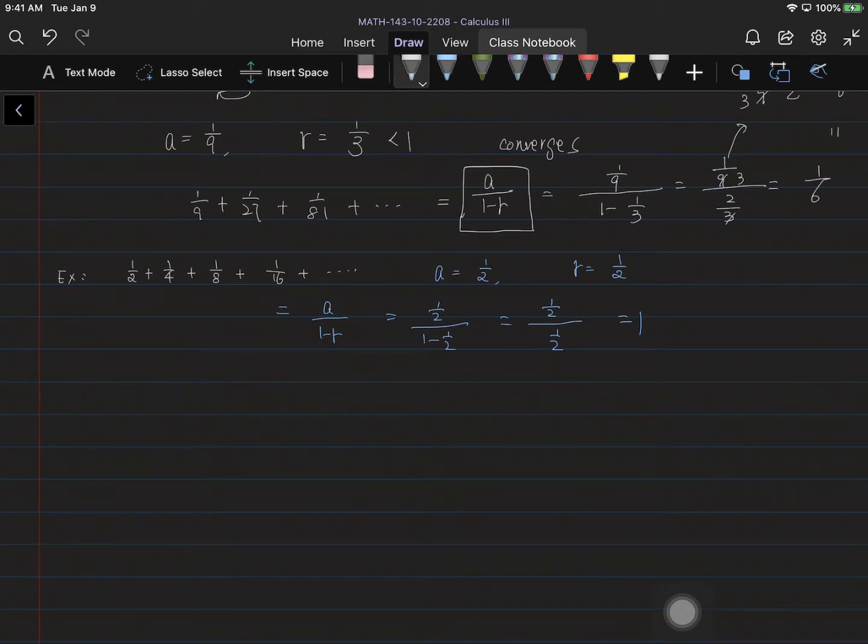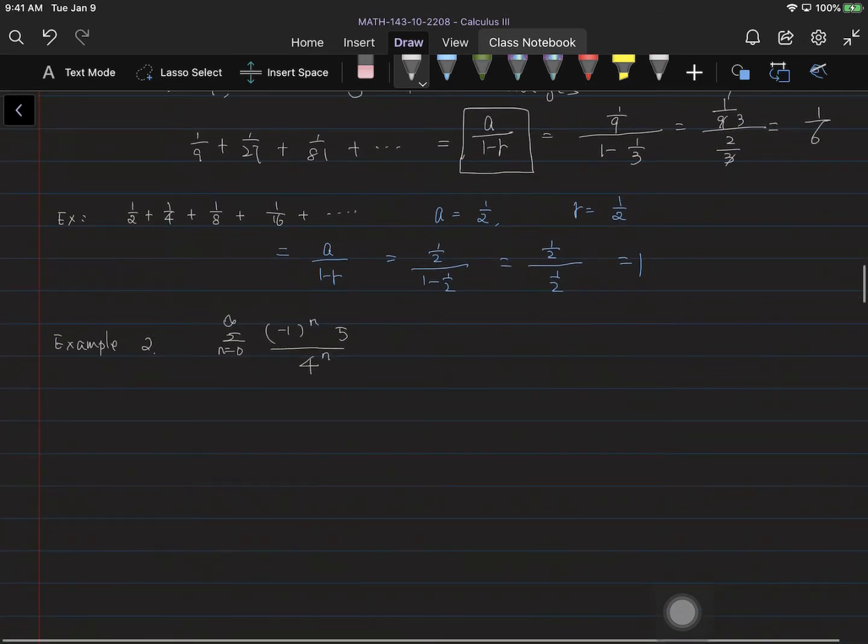Okay, let's take a look at example 2. The sum from n equals 0 to infinity of (-1) to the power n, times 5 over 4 to the n. This geometric series is given by the general form a_n.